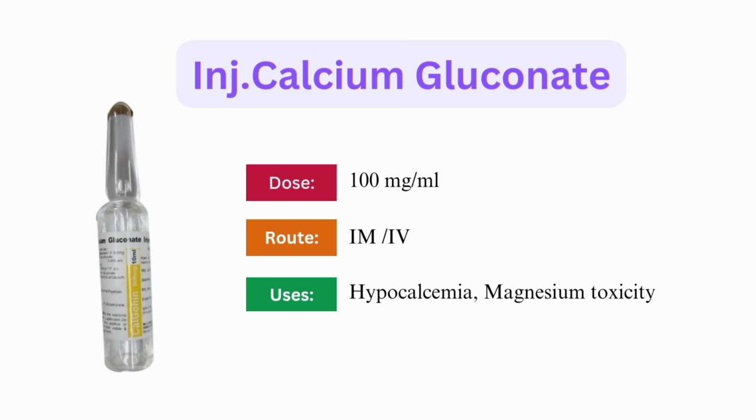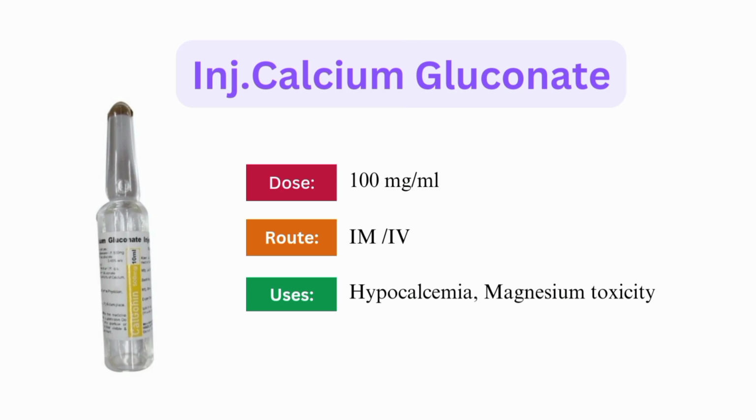The administration is given intravenously. The injection should be administered slowly to avoid adverse effects such as arrhythmias. And the dosage and rate of administration depend on the patient specific condition and the severity of the calcium deficiency or the other condition being treated.